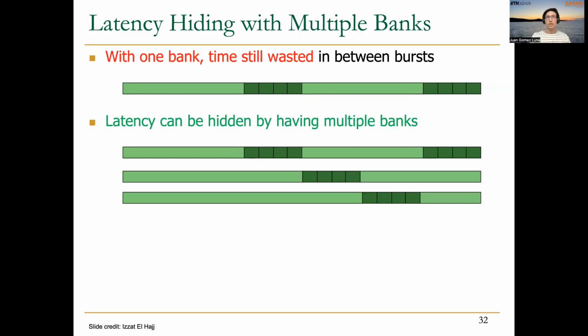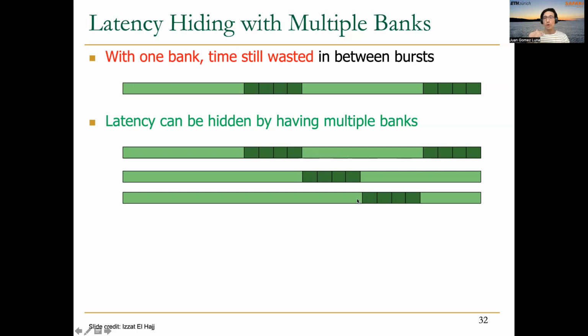If we have multiple banks, while we are opening one row in one particular bank, let's say bank 0, we can be accessing values in the next bank, let's say bank 1. And in the end, we are taking advantage of the bandwidth. We are really maximizing the bandwidth here, because if these banks are in the same memory channel, these accesses are making use of the bus while we are opening a row in a different bank, like bank 0 or bank 2.